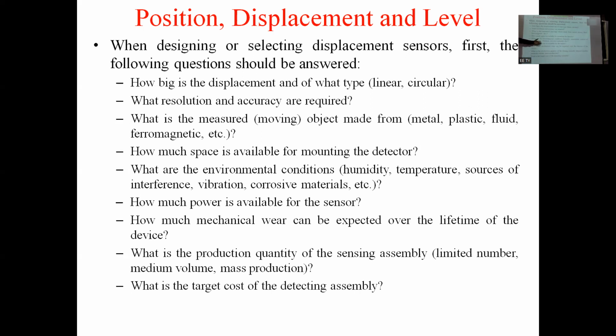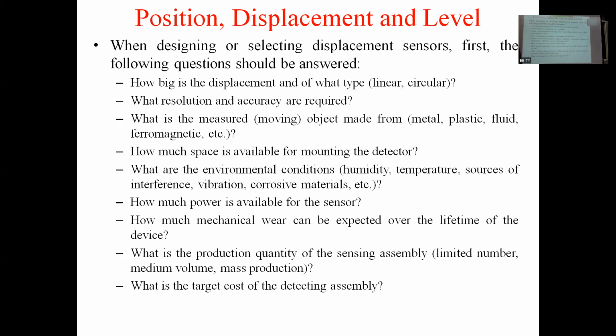Again, due to vibration, if there is a big machine in that industry and its vibration is high, this vibration also affects that type of sensor. So while designing or selecting such types of sensor you should know the answers to such questions.